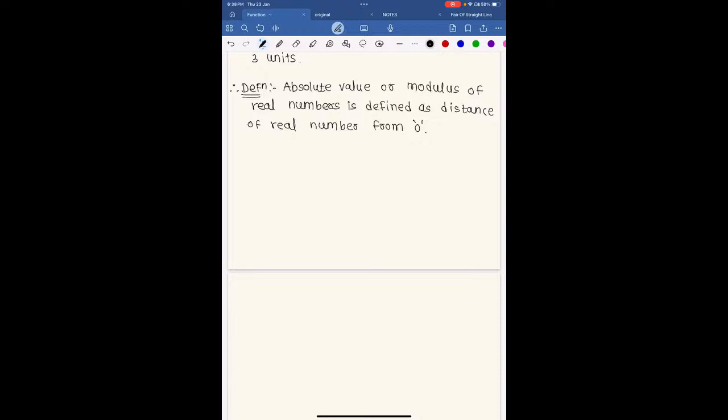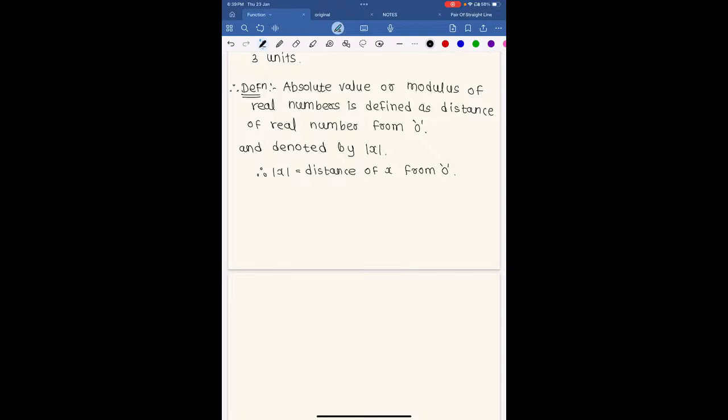Okay, and it is denoted by modulus of x. Suppose x is a real number, then modulus of x is denoted by mod of x. This is called mod of x. So modulus of x is nothing but the distance of x from 0, and we know that distance is a non-negative quantity.